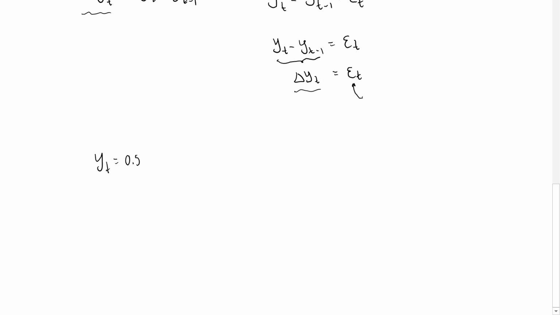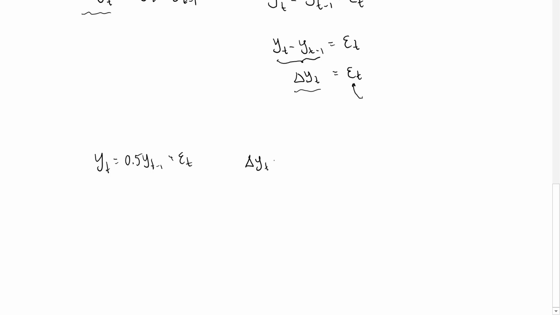If you look at this process, for example, yt equals 0.5 yt minus 1 plus epsilon t, it satisfies the stability condition, so if we just start it out correctly, it can be stationary. Then it's not an I(1) process. However, it will be difference stationary.